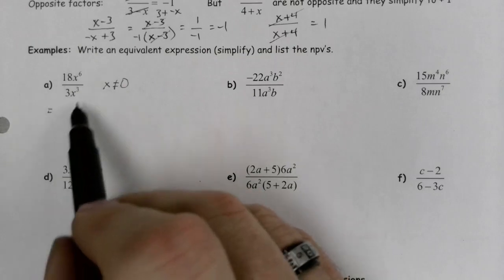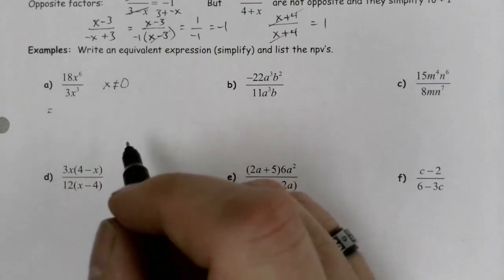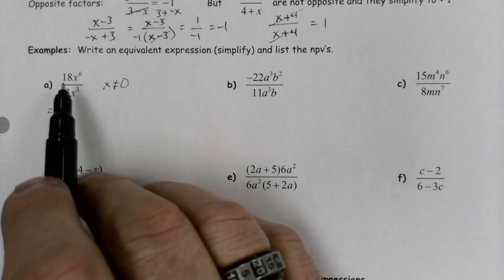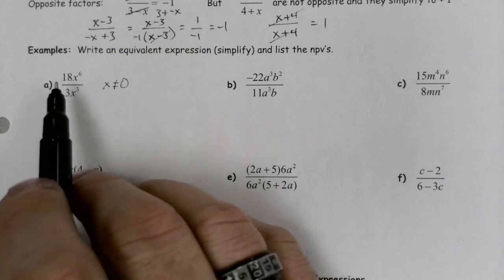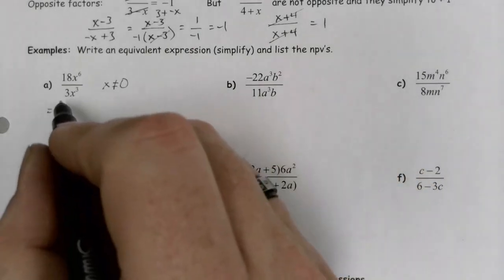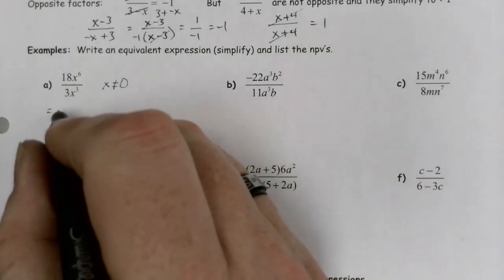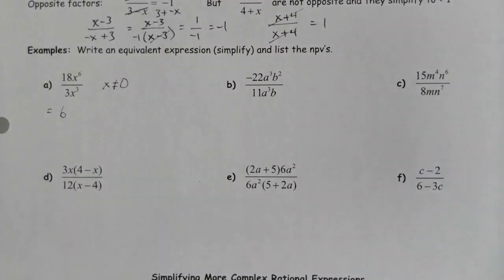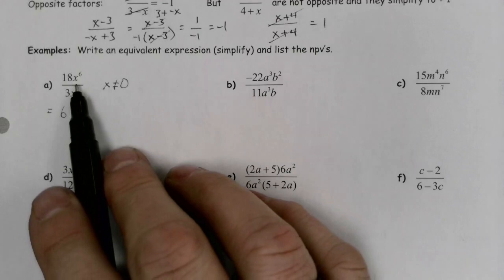Now, this is going to be equivalent to, well, what? Well, let's find the ones. Now, I'm going to find the ones here because 18 is like 6 times 3, and then the 3's will cancel. So 18 divided by 3 is just going to be 6. You can look at that a couple of different ways, but that's ultimately what it is here. Same thing with this one.